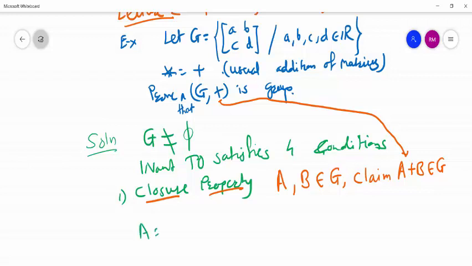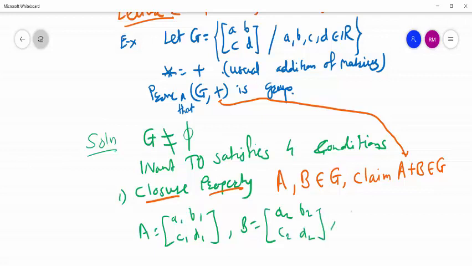Let A equal to [a1, b1; c1, d1] and B equal to [a2, b2; c2, d2]. Then ai, bi, ci and di belong to the set of real numbers, i varying from 1 to 2.